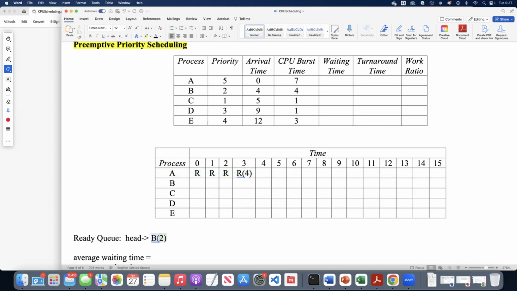For priority, a lower priority value means a higher priority. So B has a higher priority than A. A will be interrupted and added at the end of the queue. Now B, the new process, is dispatched to run on the CPU.